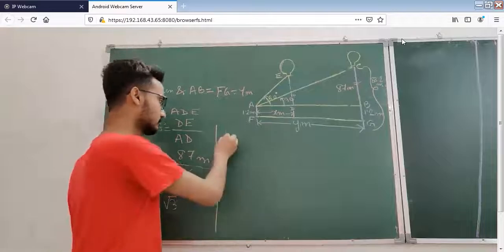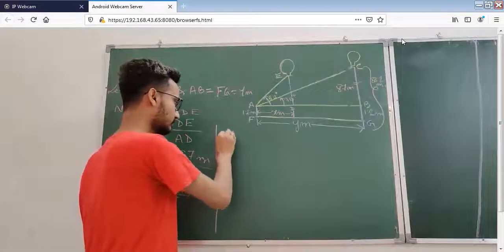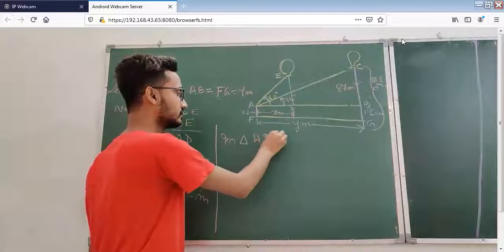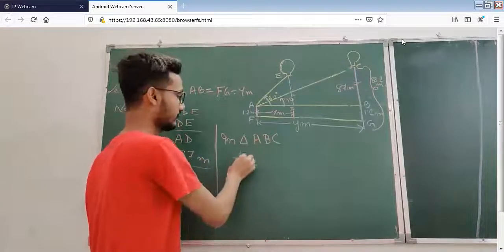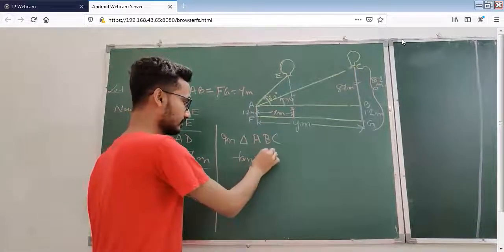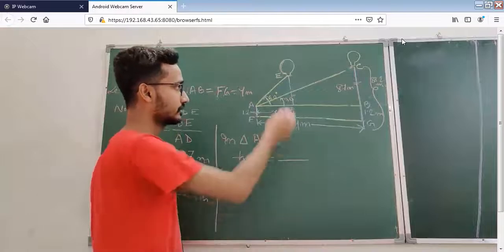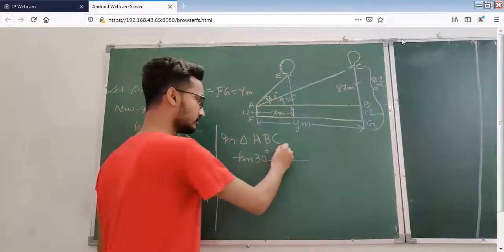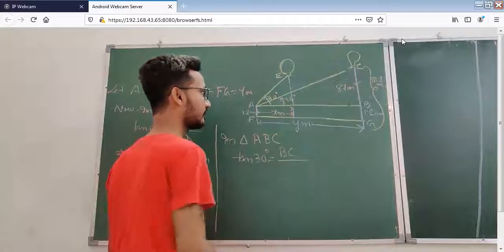So write down in triangle ABC, tan 30 degree will be perpendicular by base, where the perpendicular is BC and the base is AB.